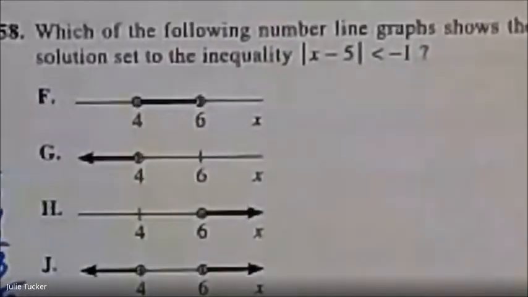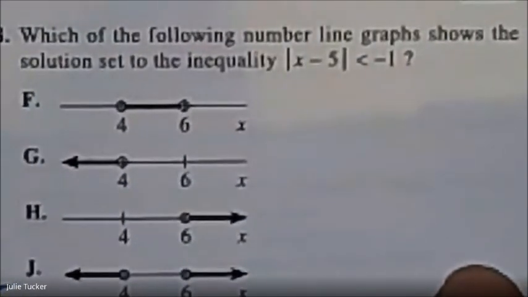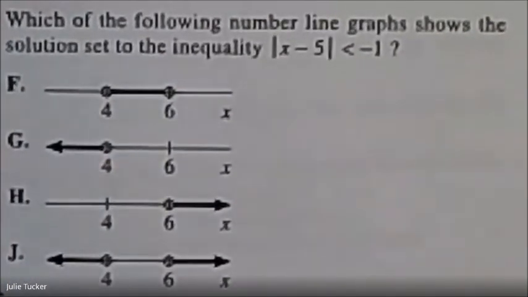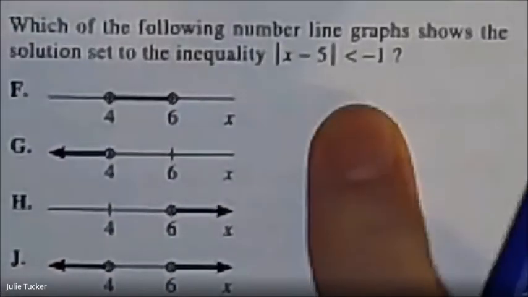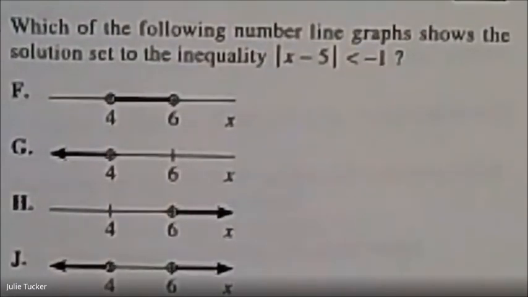Which of the following number line graphs shows the solution set to this inequality? This is an absolute value inequality, and we learned how to do this. So I'm going to remind you how to do it. When you have an absolute value inequality, you have to isolate the bars, which they already are. And then you have to do a plus and a minus of the number that they have.